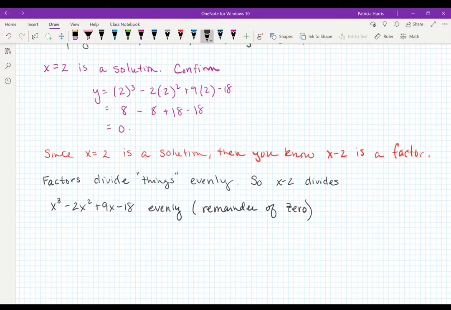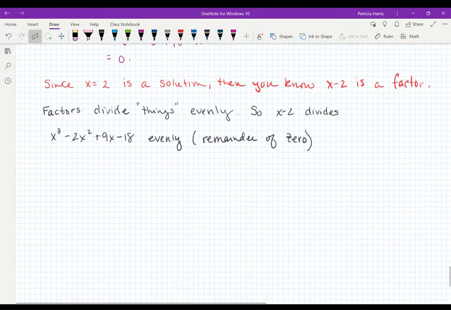Now the longest bit of this is actually the division. There are 2 ways to divide polynomials. If you're dividing a polynomial by a linear factor, which is what we're doing, you use something called synthetic division. If you're dividing anybody else, you do long division. We're going to do long division so you can see how this works.